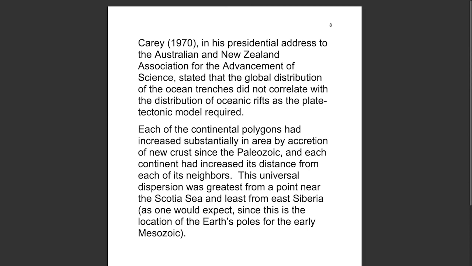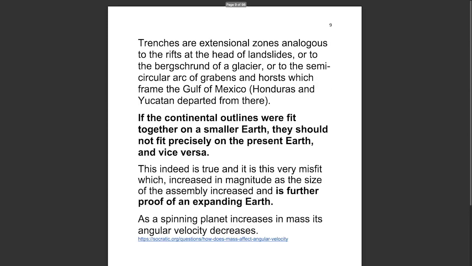In other words, all of them. This universal dispersion was greatest from a point near the Scotia Sea and least from East Siberia. As I aforementioned, that is exactly what you would expect, because the locations of the Earth's poles during the Mesozoic were different than now, and they move.